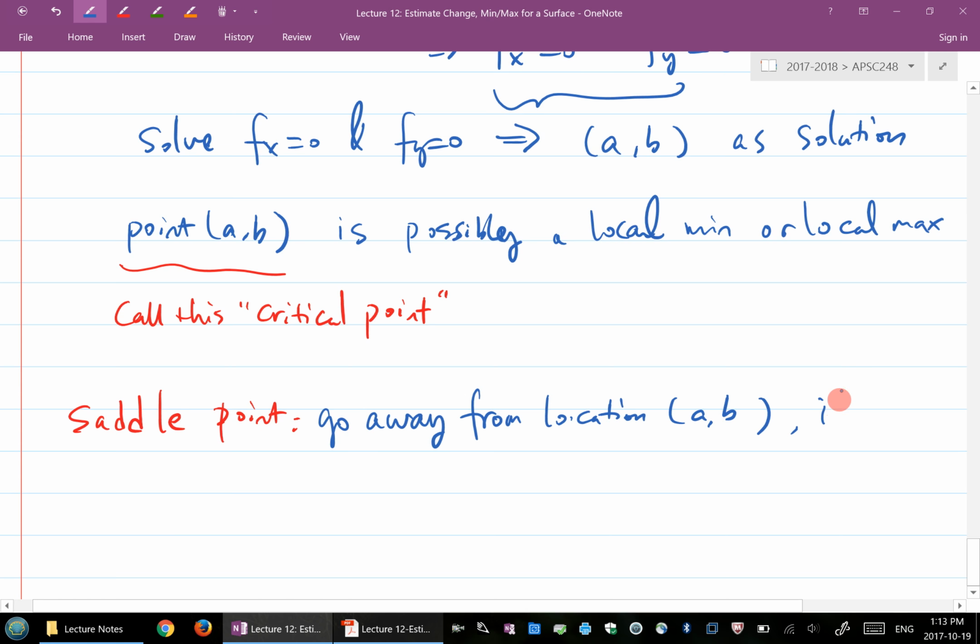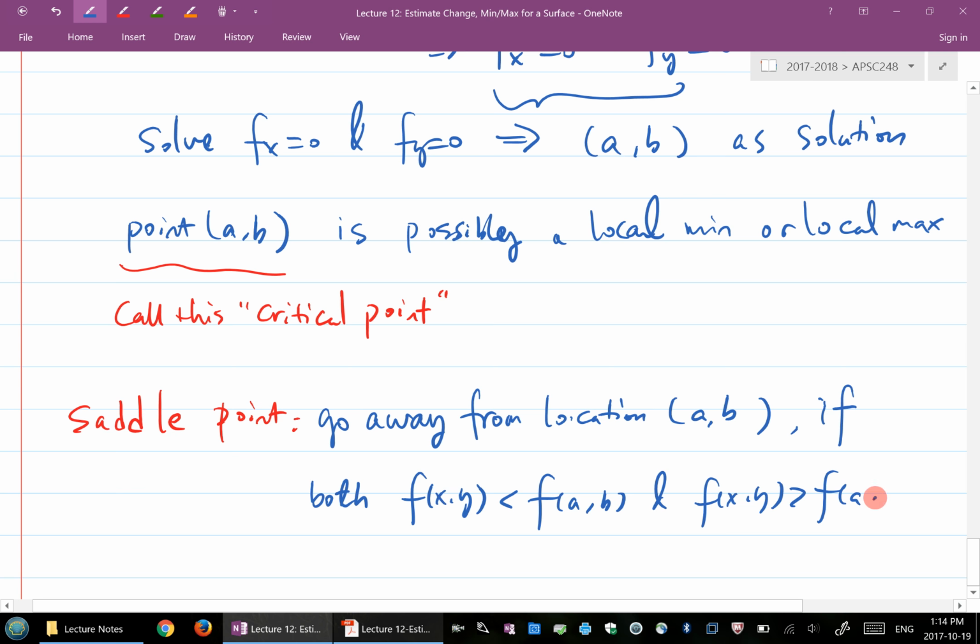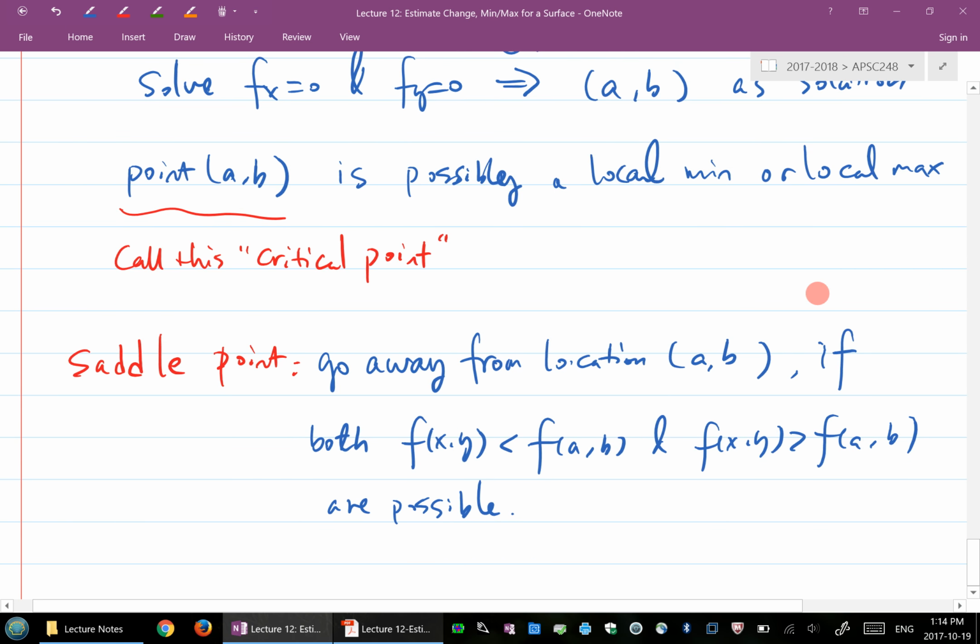The surface, the function f, can go up or go down, both are possible. Then (a, b) is a saddle point.